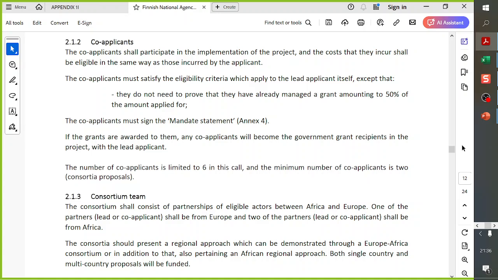For co-applicants, it's lenient in that you only need to provide this mandate, and this sentence basically says the grant is coming from the Finnish government, so you become a grant recipient for the Finnish government.